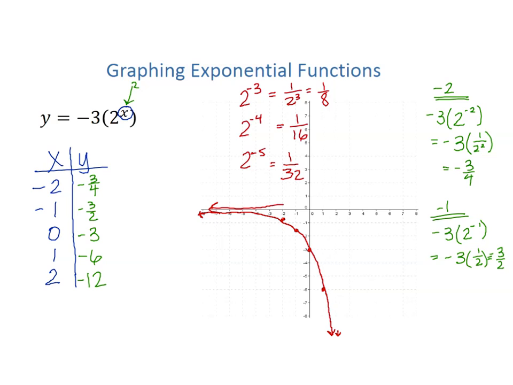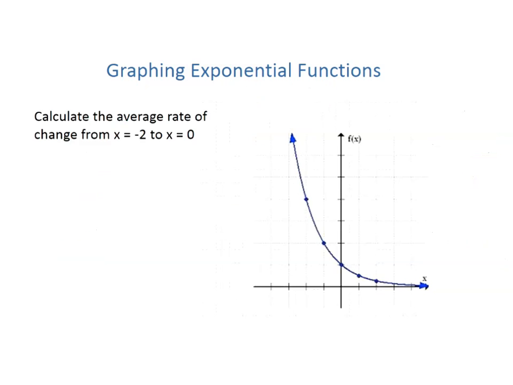So this graph is going to get extremely close to the x-axis, but it's never going to become positive. It's never going to come up this way. It's just going to get closer and closer, but still remain on the negative side, underneath the x-axis.